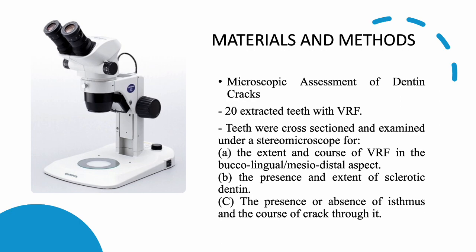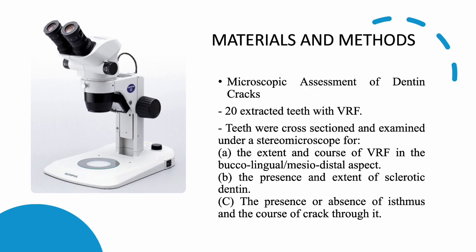Then the roots were cross-sectioned at the coronal, middle, and apical third and were examined under a stereo microscope for the extent and course of vertical root fracture in the buccolingual and mesiodistal aspects.